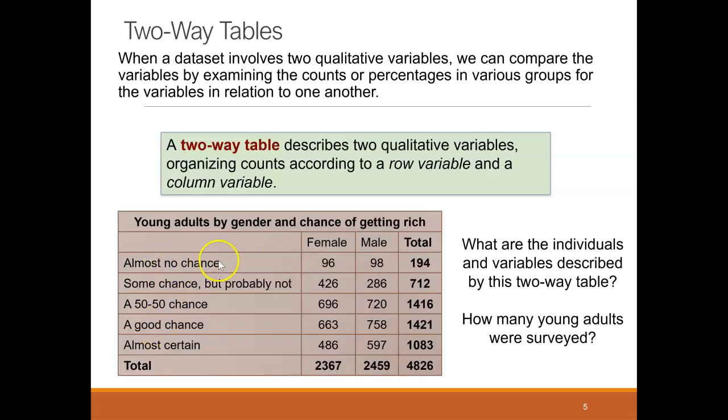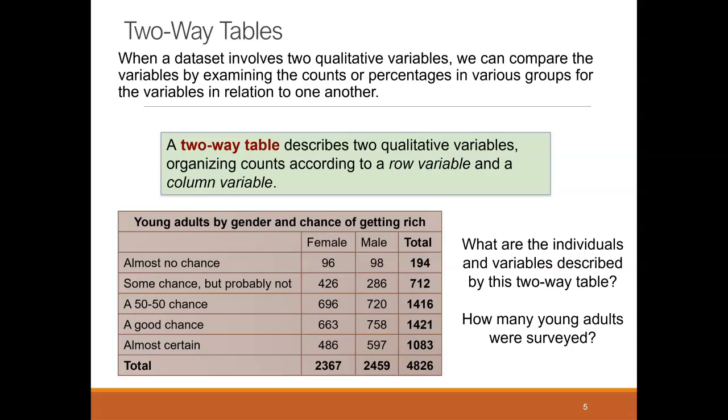For example, in this two-way table, we have our chance of getting rich as one variable, and gender as our second variable. If I read this cell that says 96, that says in our data set there were 96 females that had almost no chance of getting rich.